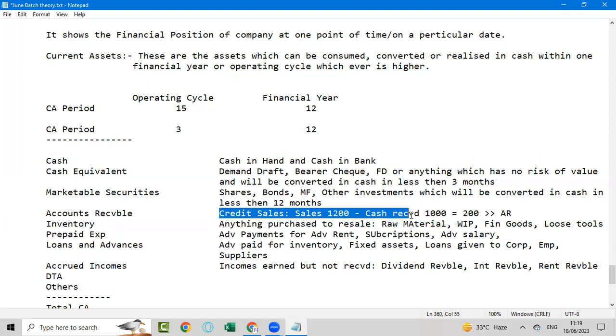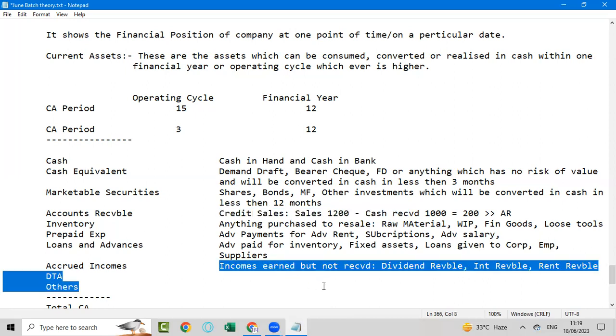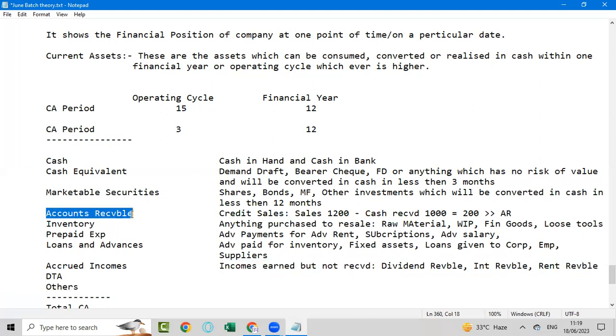Trade receivables will come under accounts receivable. Trade receivable means credit sales, your core business. If you are manufacturing something and selling on credit, that receivable will come under accounts receivable. Other than that, if you have other receivables, you can report them here, like accrued incomes.